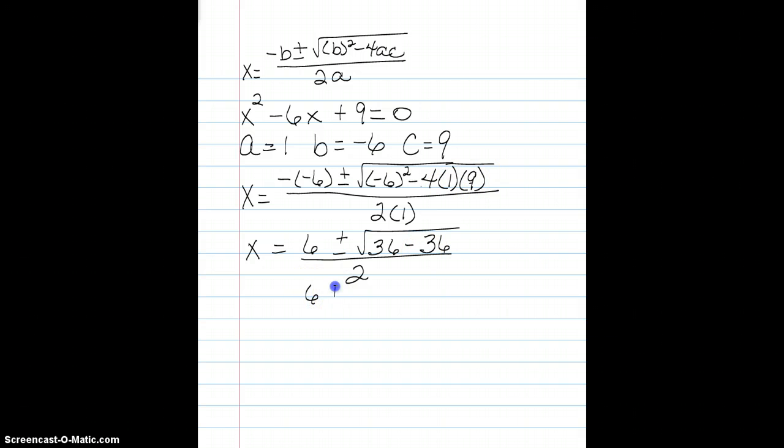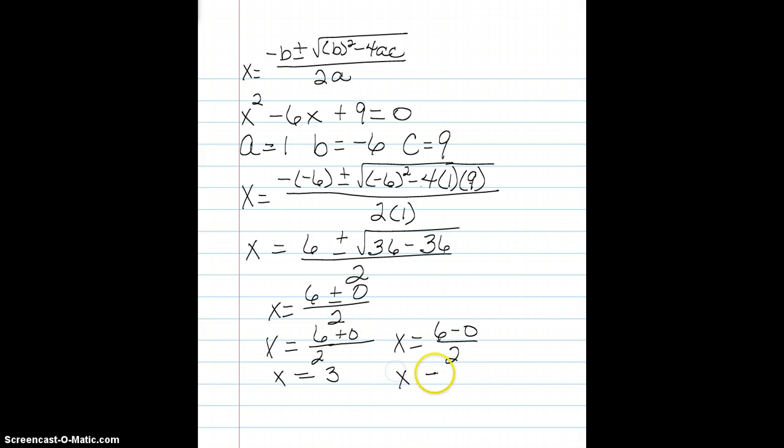So I get 6 plus or minus 0 over 2, which gives me x equals 6 over 2, which is 3. So my one and only answer to this guy is 3.